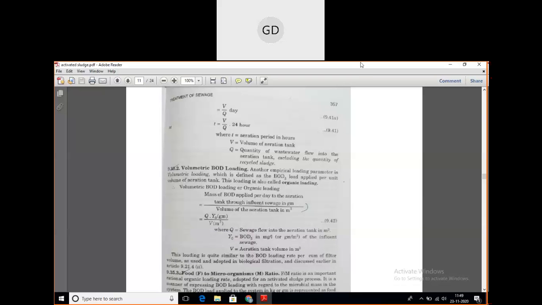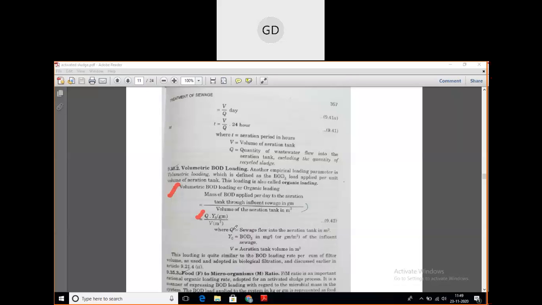This one is the formula for volumetric BOD loading, or organic loading. The formula is the mass of BOD applied per day to the aeration tank through the influent sewage, in grams, divided by the volume of the aeration tank in meter cube. So this is Q into Y naught divided by V. What is Y naught?